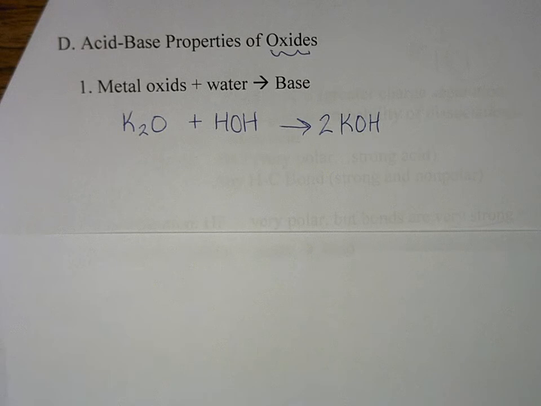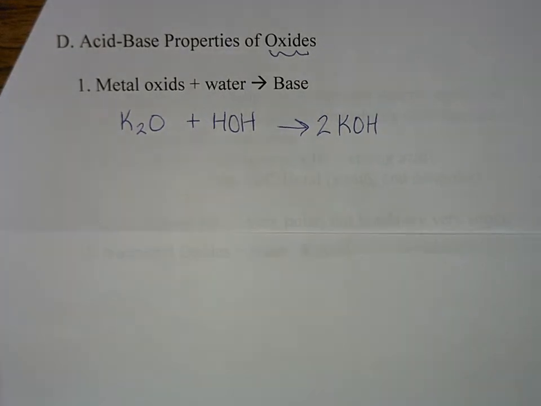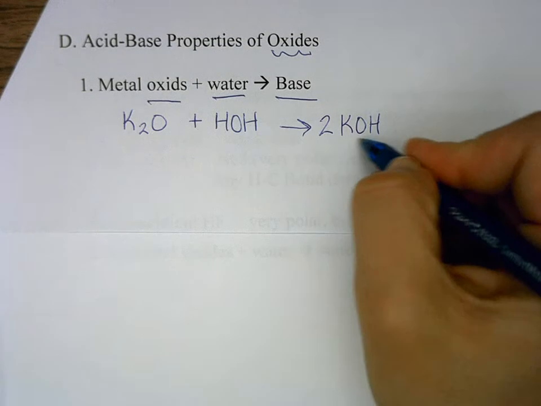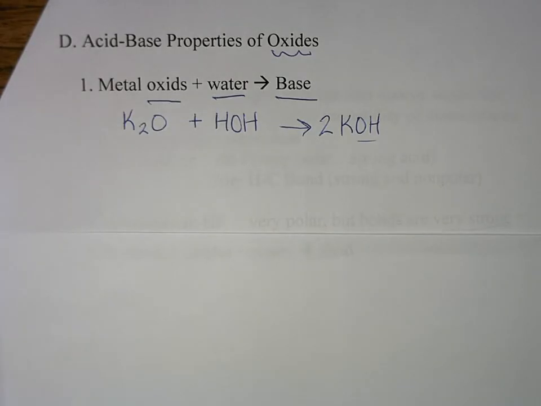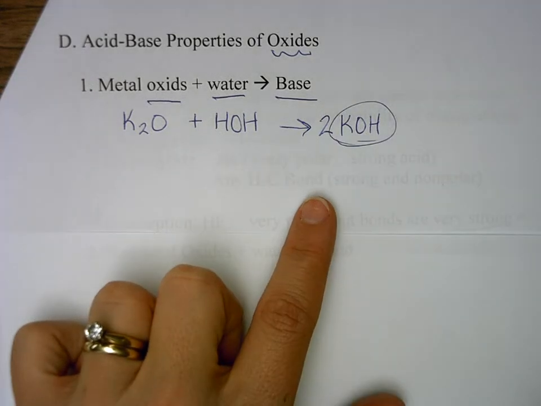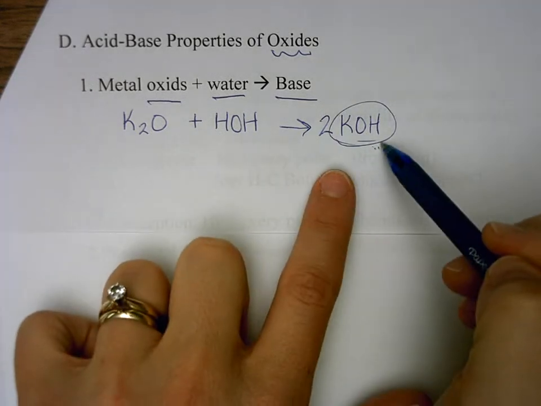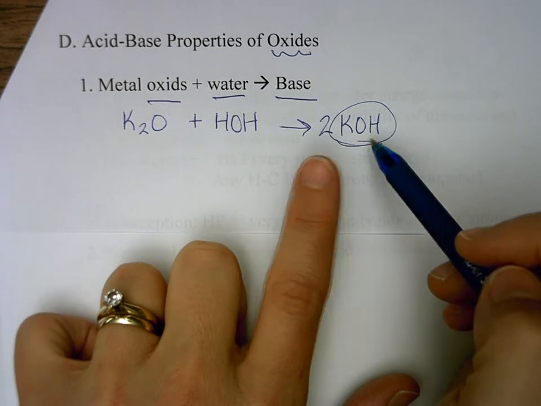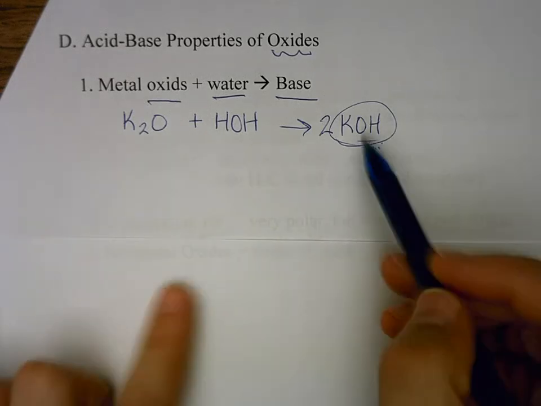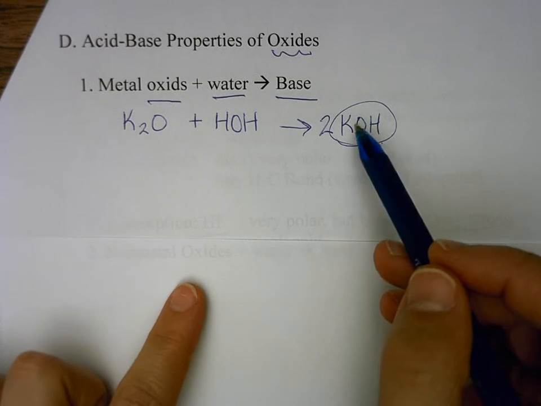Now the thing that you need to pay attention to with this, first of all, you just need to memorize metal oxide plus water gives you base, so you're going to end up with that metal hydroxide as your product. The thing that you have to remember is that if you end up with a metal hydroxide that is a strong base, you cannot write your product like this because strong bases dissociate, they break apart. And so you would not get credit for this as an answer.